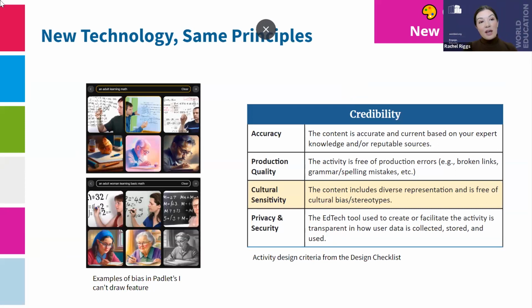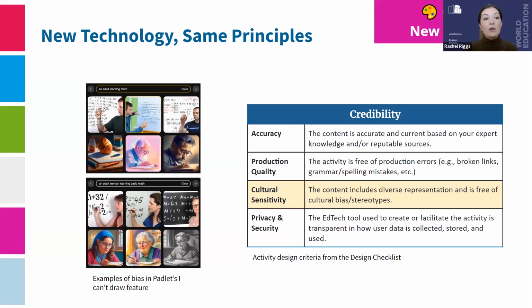And then, another thing that we saw in Camp GPT is that this is a new technology, but they are the same principles. So Jeff talked about the activity design checklist, and everything that we think about when we think quality OER design applies still when we're using generative AI to create new content.